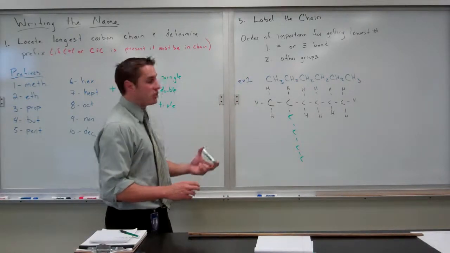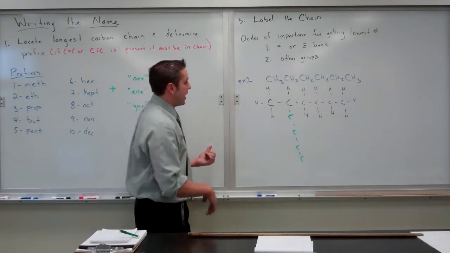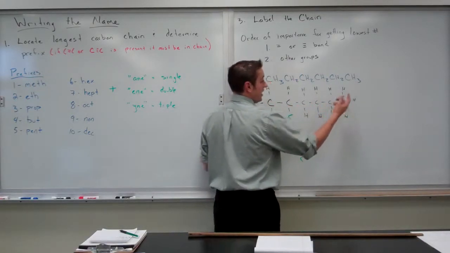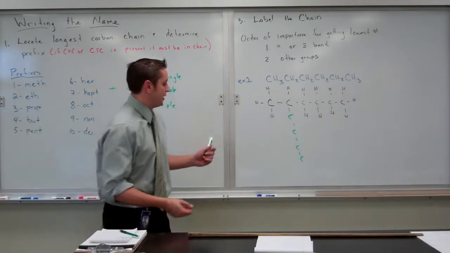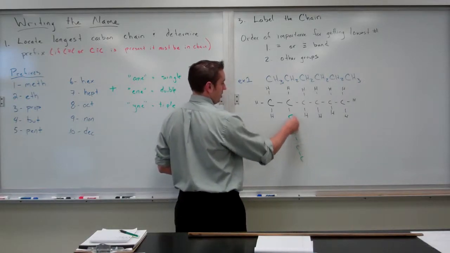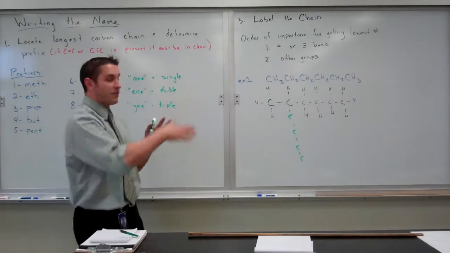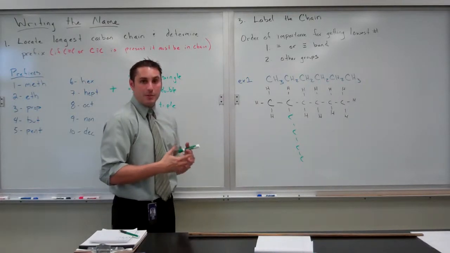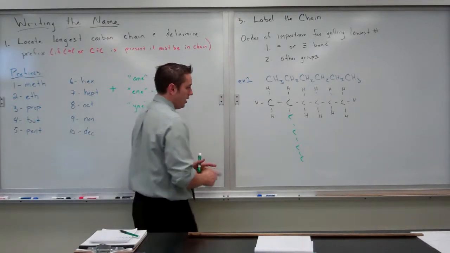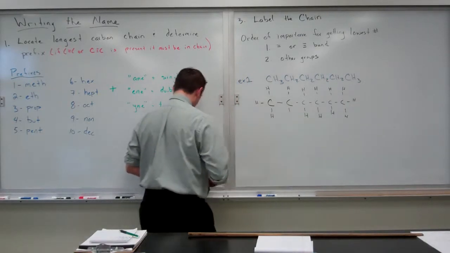And say there were H's off all of those. You can't say, oh, 1, 2, 3, 4, 5, 6 is the longest carbon chain, because take a look: 1, 2, 3, 4, 5, 6, 7, 8, 9 would be your longest chain. Doesn't matter if they make a bend, they just have to be connected to be considered a chain. But we'll jump into that in a minute.